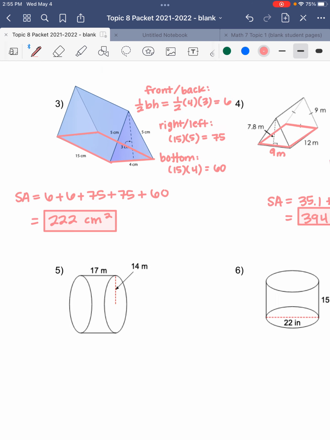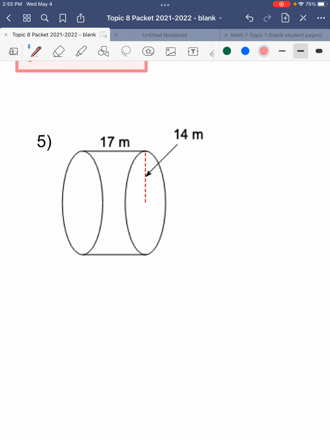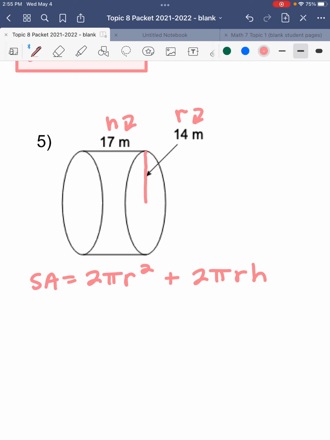So let's look at this example right here. So why is 17 significant? Well, that's going to be my height. So I'm going to label that with an H. And 14, notice, goes from this edge to the center. So 14 is my radius. Okay, so remember our formula. Surface area is 2 times pi times the radius squared plus 2 times pi times the radius times the height.